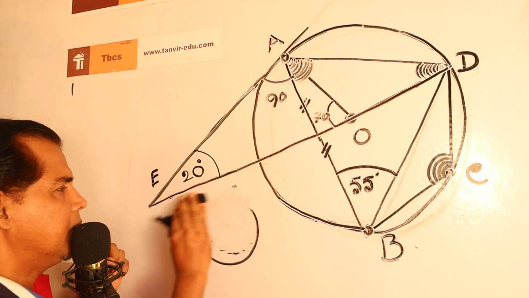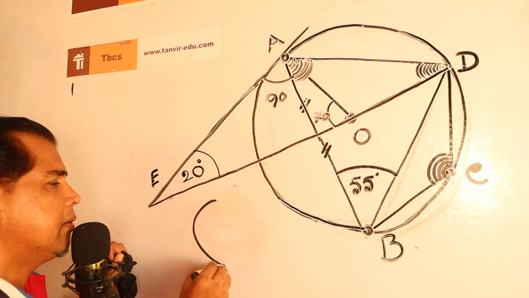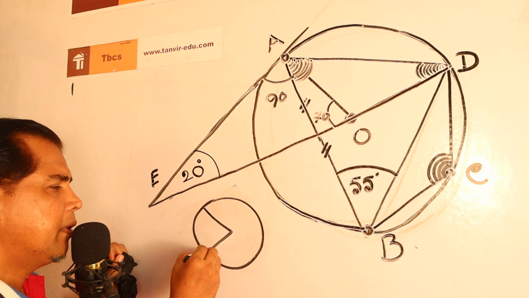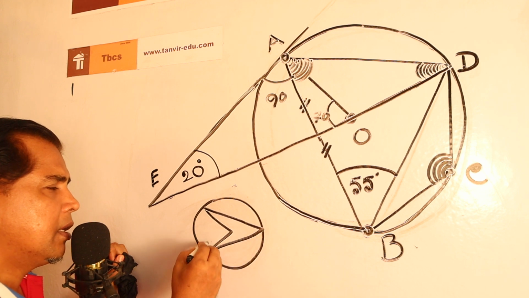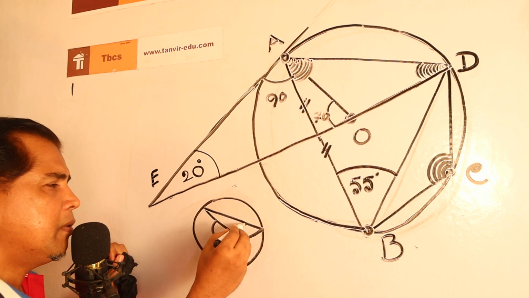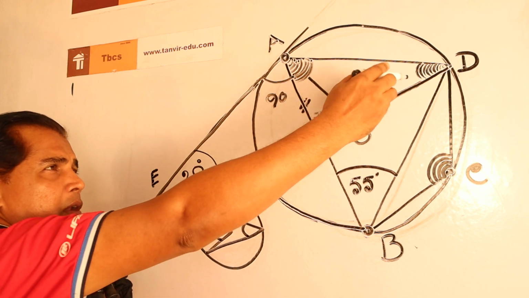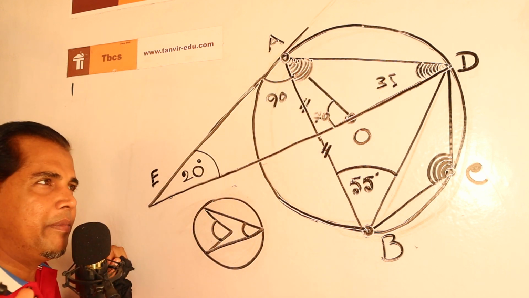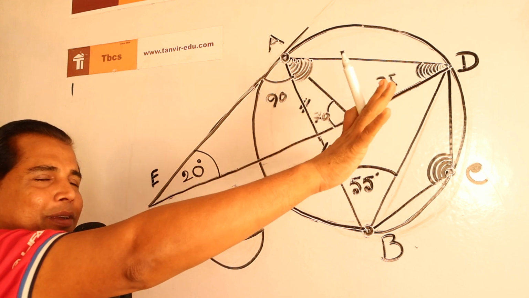When an angle is formed at the center, from a base, and another angle is formed at the circumference, the center angle will be double and the circumference angle will be single. So as this is 70, that will be 35. This angle will be 35. So one target has been achieved.